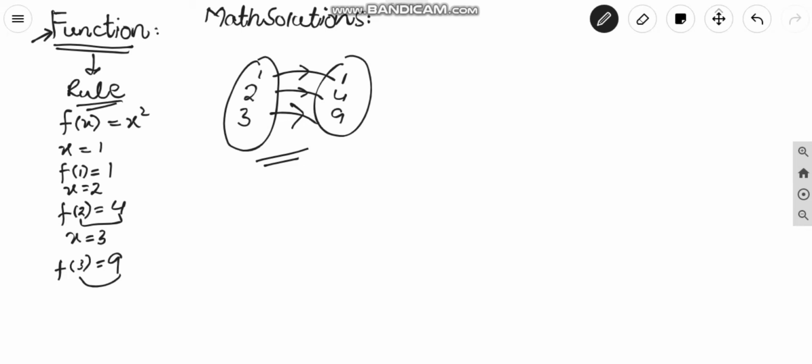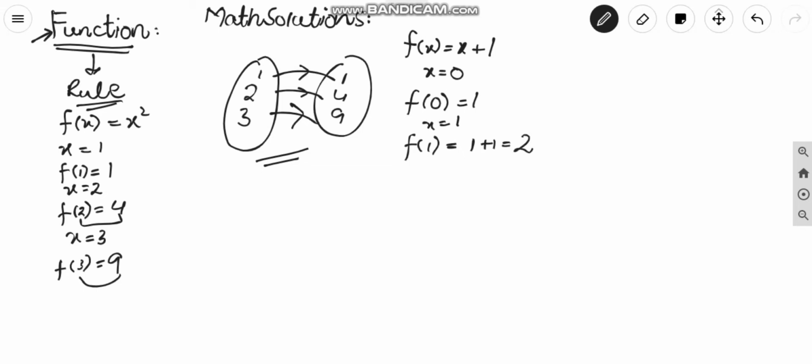Let's consider another function. f of x is equal to x plus 1. When we put x equals 0, our function will return 1. When we put x equal 1, our function will return 1 plus 1, that is 2.